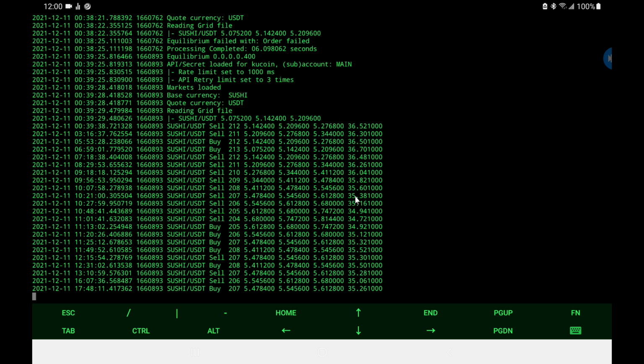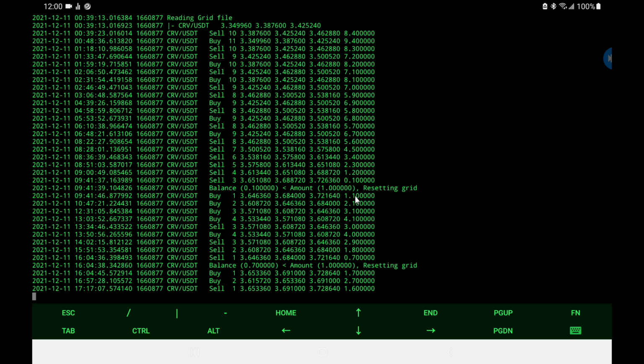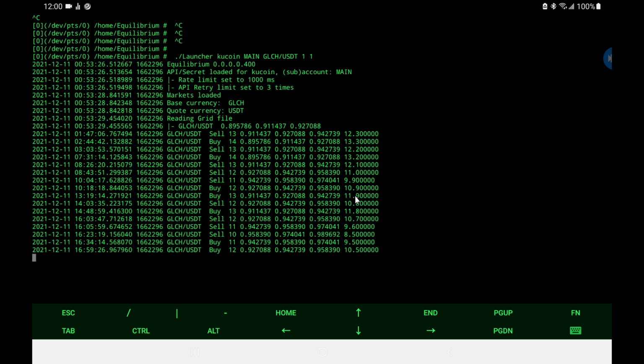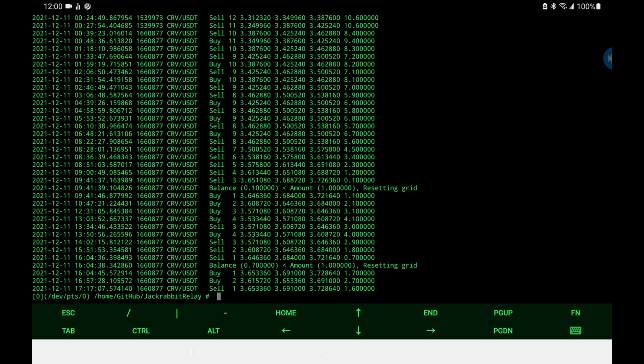So now let's go through. Okay, here's Glitch. This coin was a unique little prospect all the way around. Turned out to be a surprisingly good coin for such low volume.